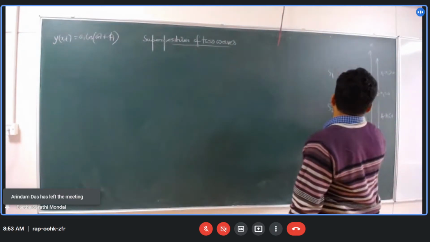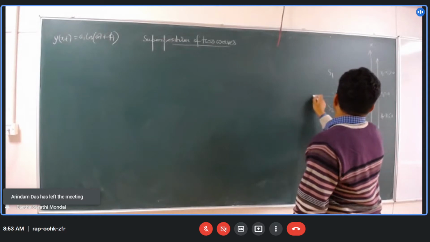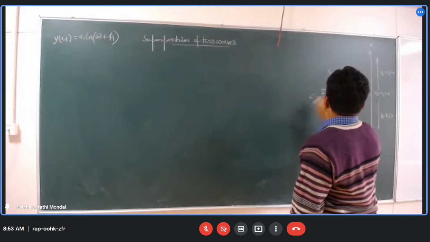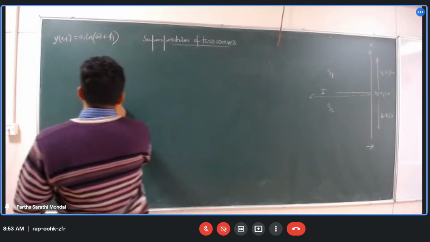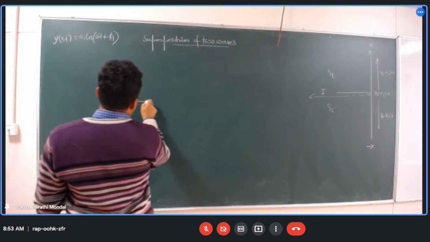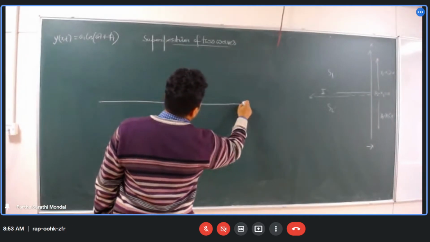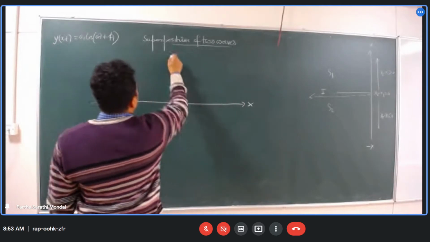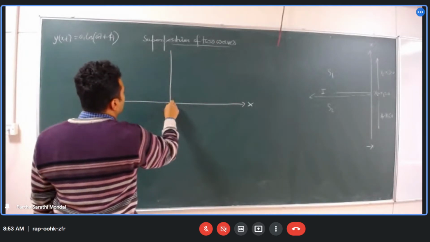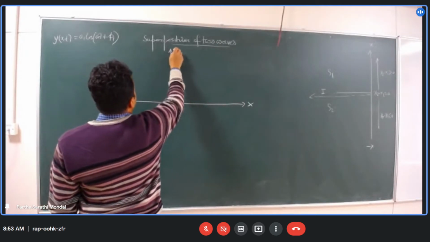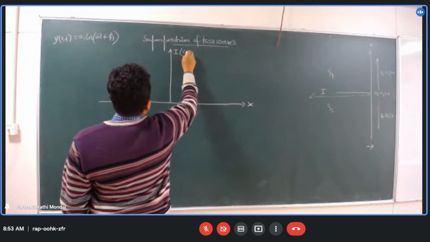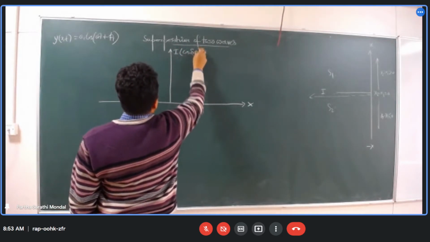Let's say this is your intensity axis, I. Okay. So let's say this is x and this is your intensity, which is a function of cos delta phi.